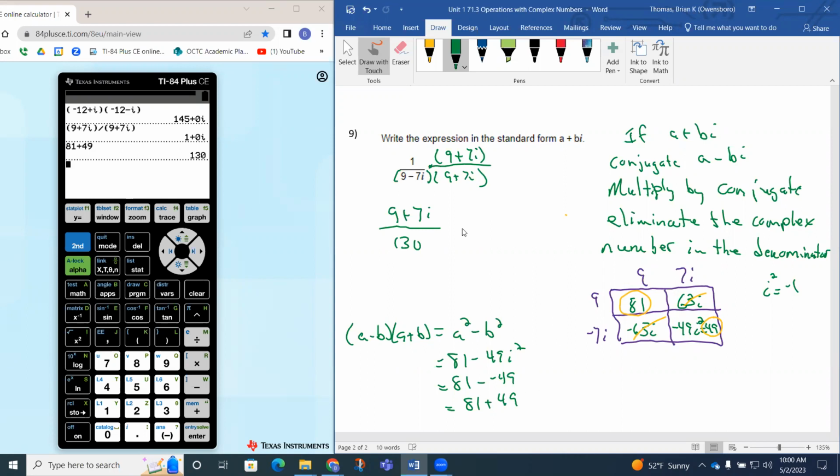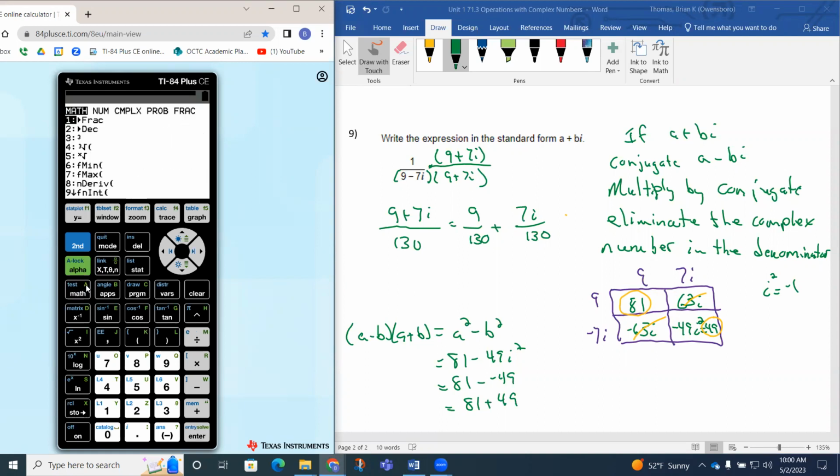Now, our next move is, since they want it in the form of a plus bi, we want to separate this as two separate fractions. So it's going to be 9 over 130 plus then this 7i over this 130. So we want to make sure that these fractions are reduced. So if I go 9 divided by 130, and then if I go to math and change it back to a fraction, notice that it stays as 9 over 130.